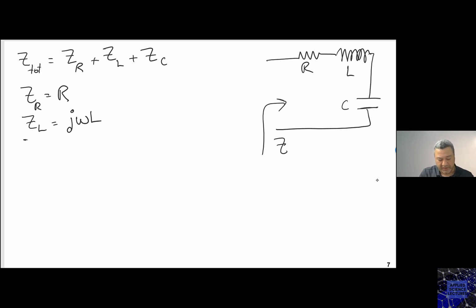What about ZC? ZC is 1 over j omega C. Now, if I want to move the j up, then this becomes j, and of course it becomes minus. But I can give the minus to what is inside.